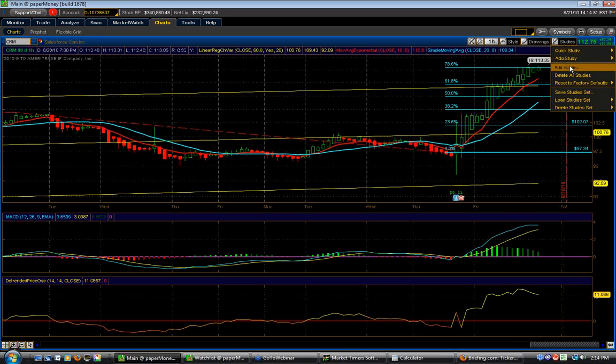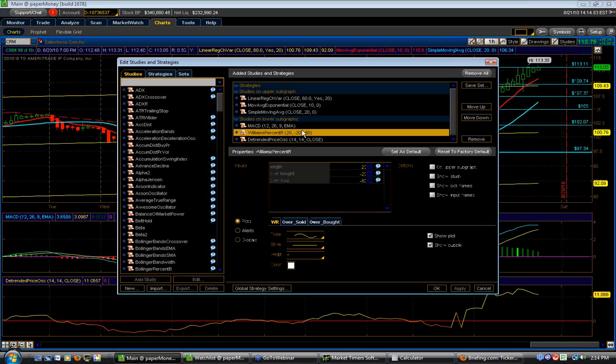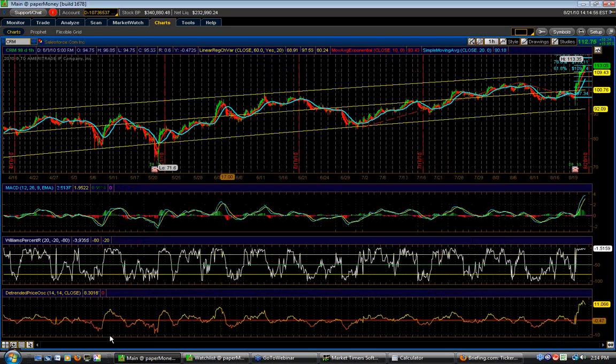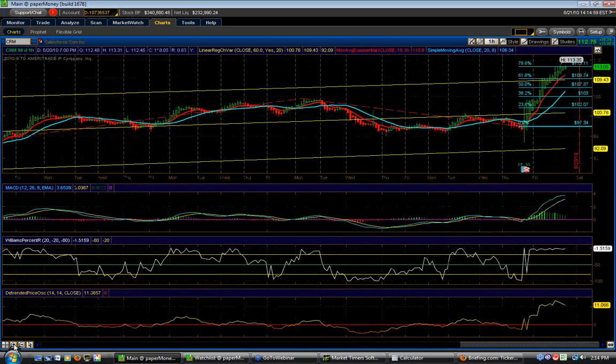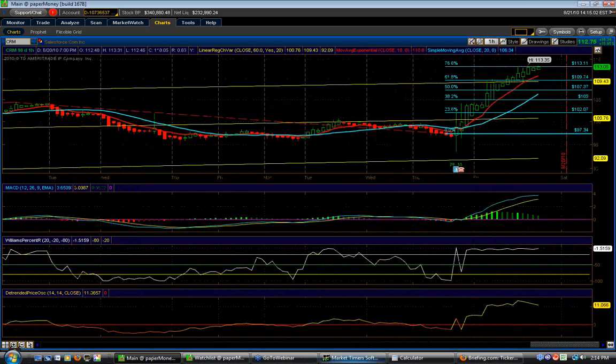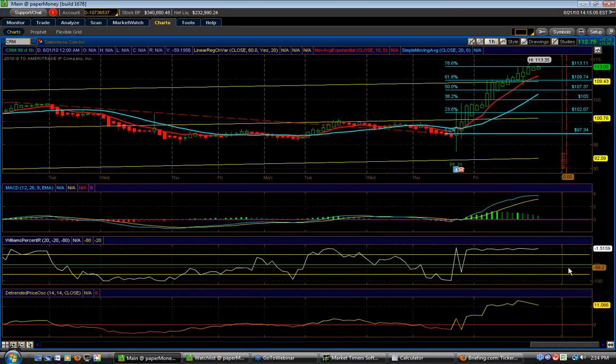Let's add in the last study I like to use, which is the percent R. Very, very strong. Now, I've put in this green line in here to be able to visually see where that 50% mark is.